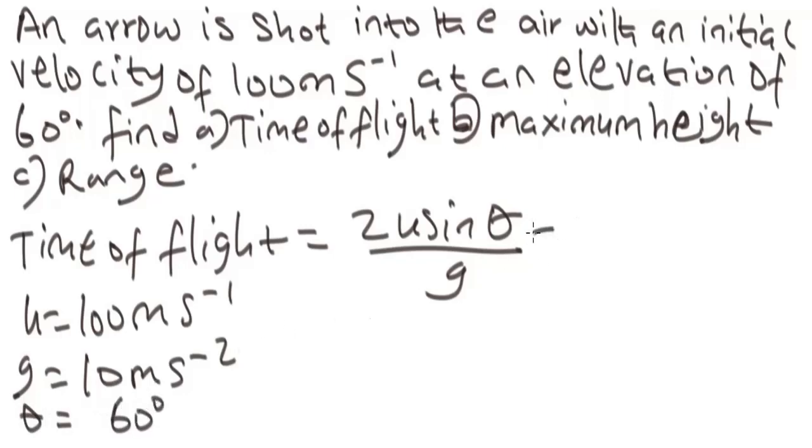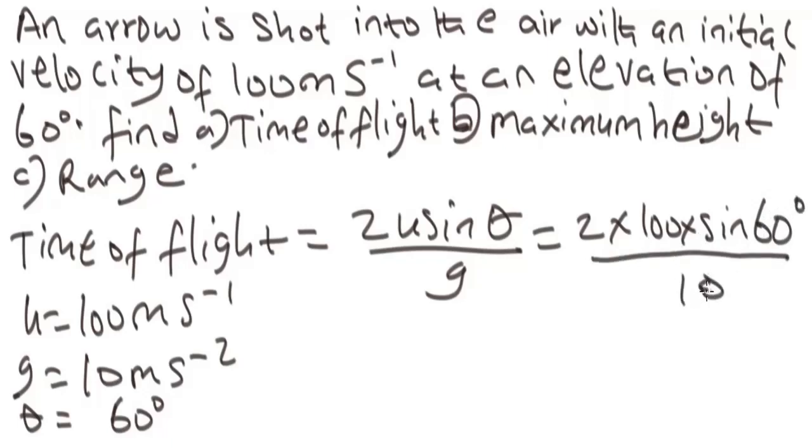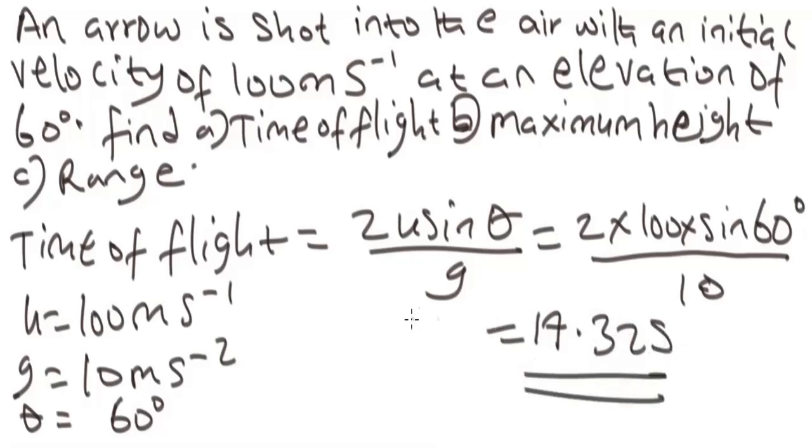So if you substitute the values, you're going to have 2 times 100 times sine 60 degrees over 10. Let me punch this into my calculator. I have it to be 17.32 seconds, if you are leaving it in 2 decimal places. So this will be the time of flight.